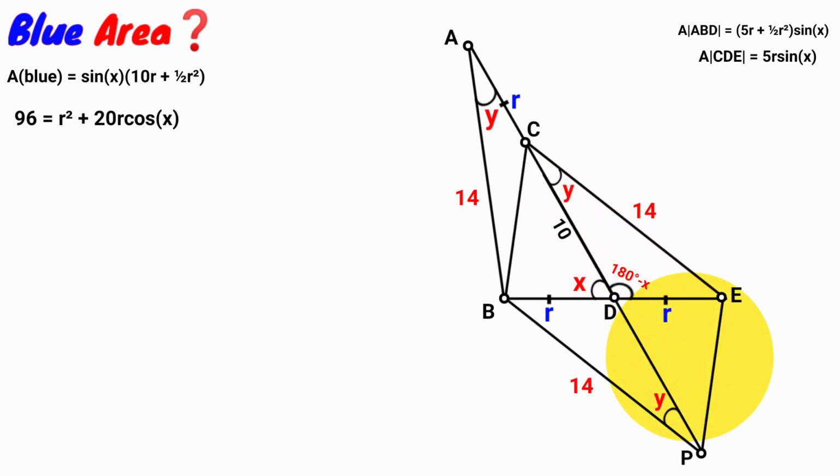Now come here. Since the length of this segment is R, we draw from this point a line to a point on this line DP, R units away from this point D. Look at this triangle. Two of its sides are equal in length. That is, it is an isosceles triangle. The angles facing the congruent sides are equal.